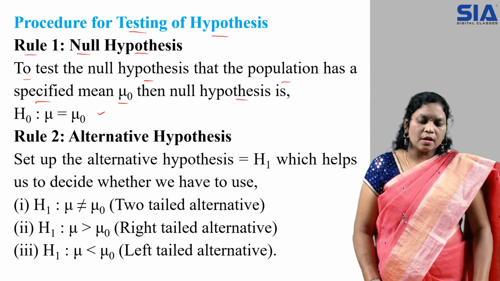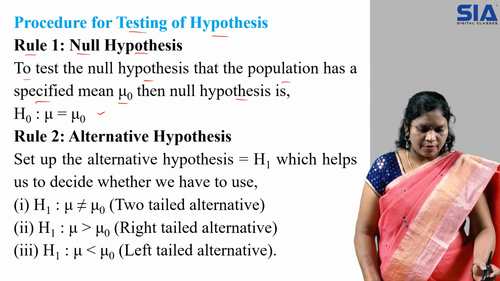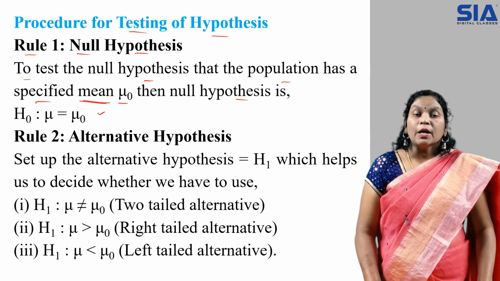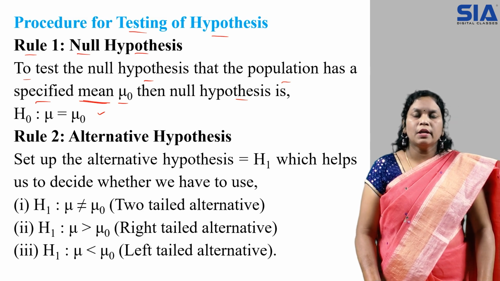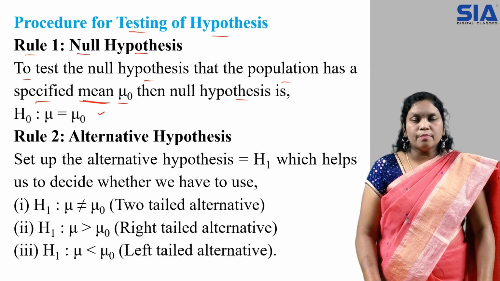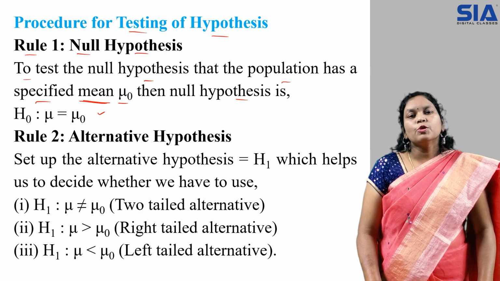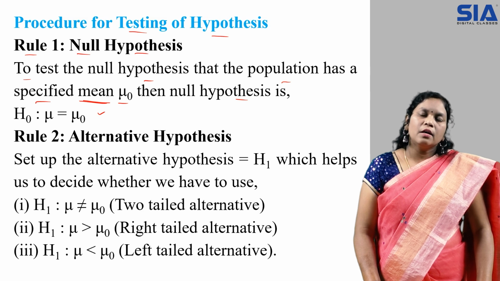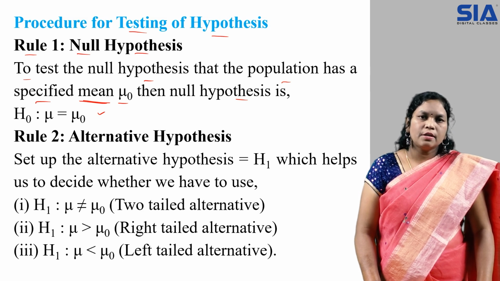Suppose it is the mean, a specified mean, if you are considering the population mean, because it's just a procedure we are trying to learn, so a generalized one, like mean I'm considering here. Based on the data, based on the question, we'll proceed with the given data.